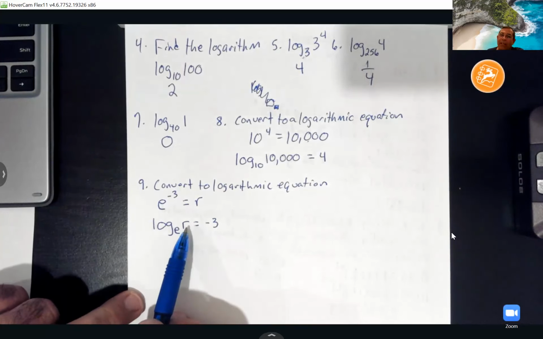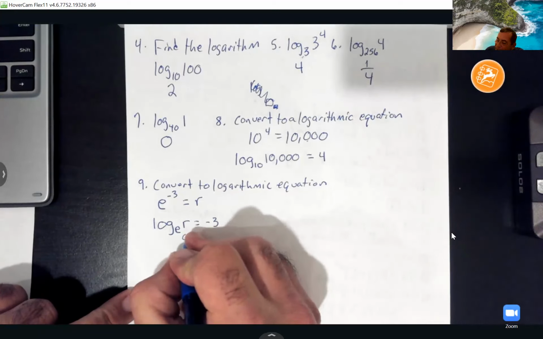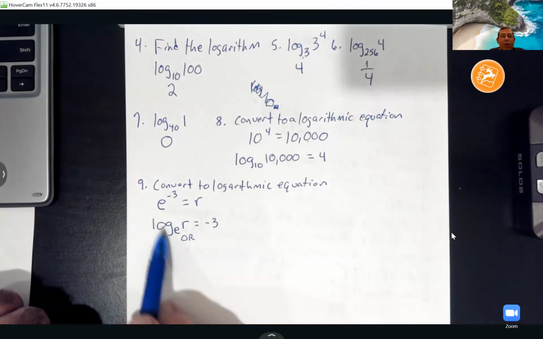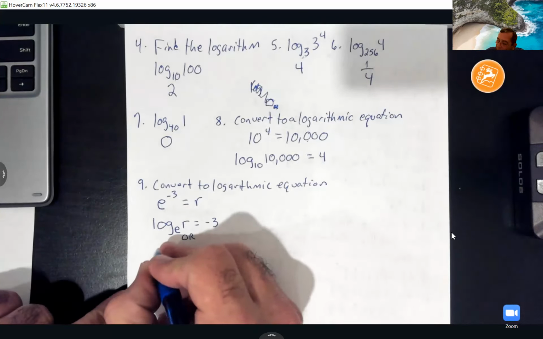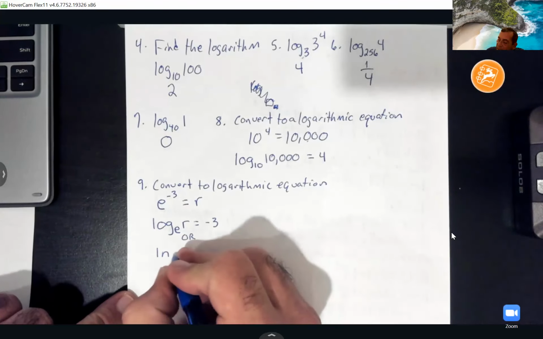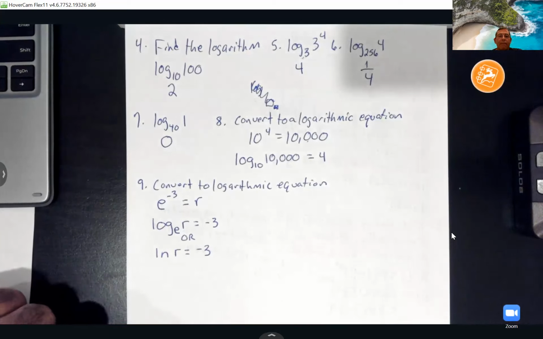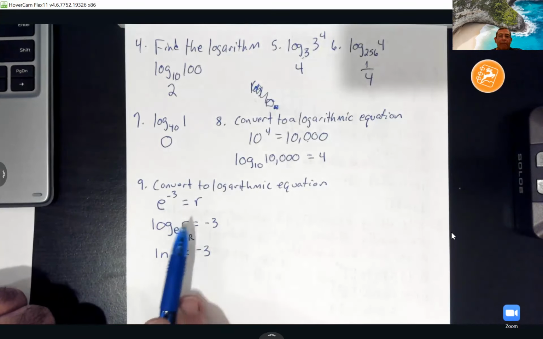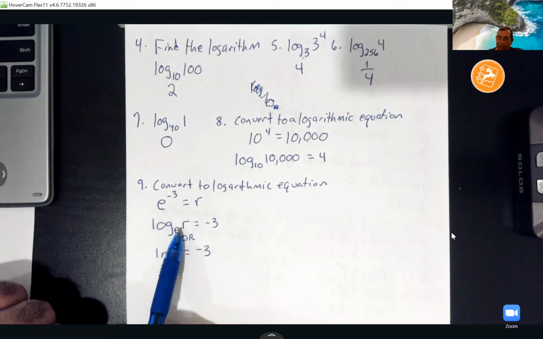Oh yeah. Okay. Now, MathLab will be picky. A little r has to be a little r on your answer, okay? But y'all, let me ask you this. You can rewrite this one another way. Instead of using log base e, guess what I could use? I could use the ln of r equals -3. It'll take either way, okay? But remember, ln is a log base e, okay?